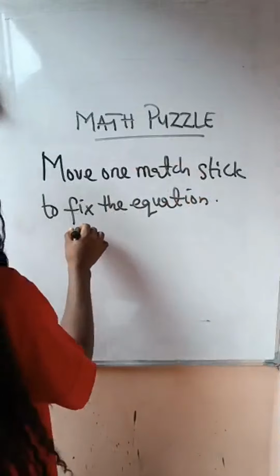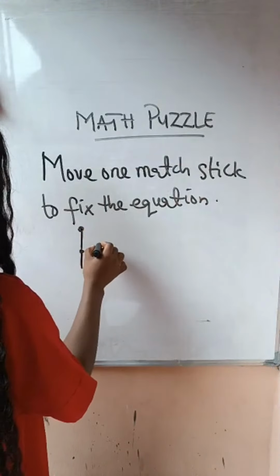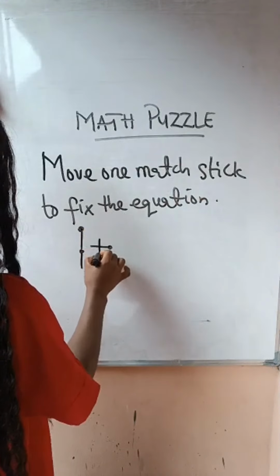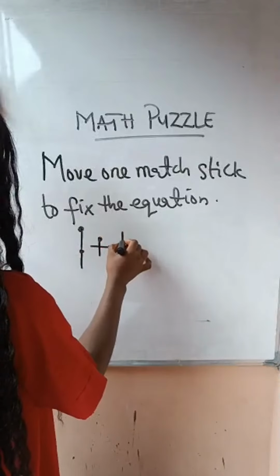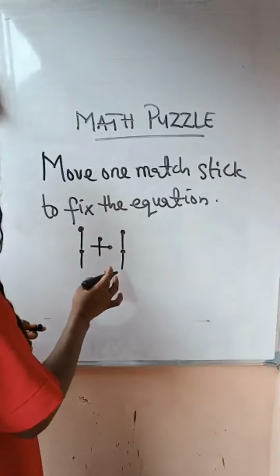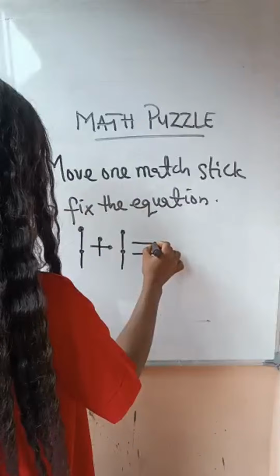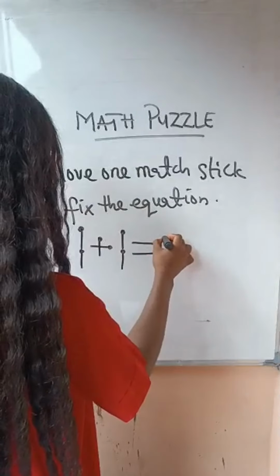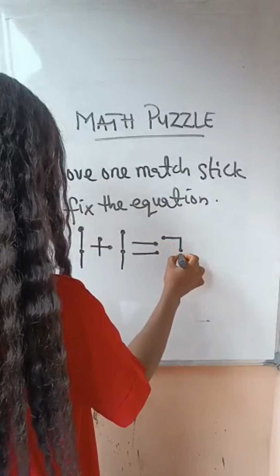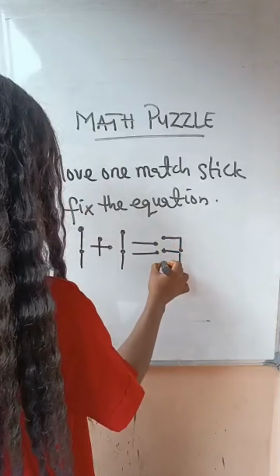Then I have another one. Okay. Is equal to. Then I have this. I have that. I have this. I have this.